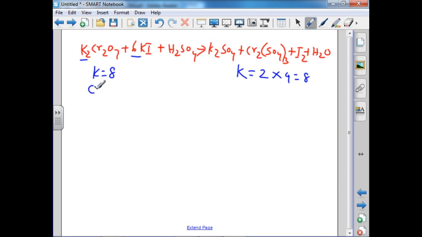Next chromium: 2 atoms from the reactant side and 2 atoms from the product side.